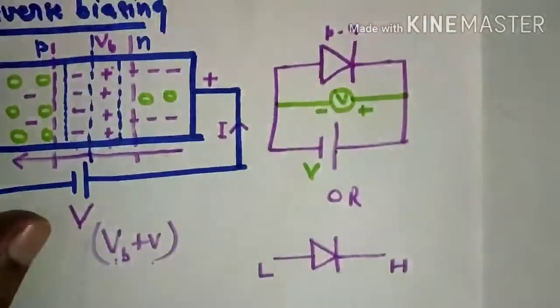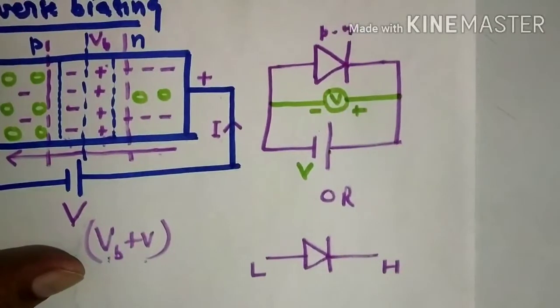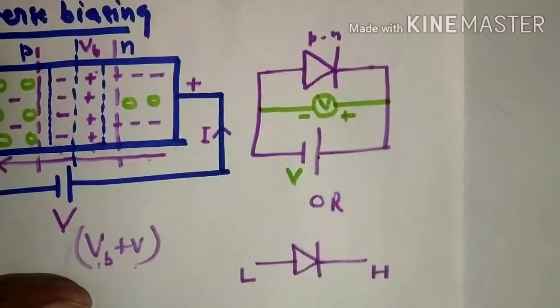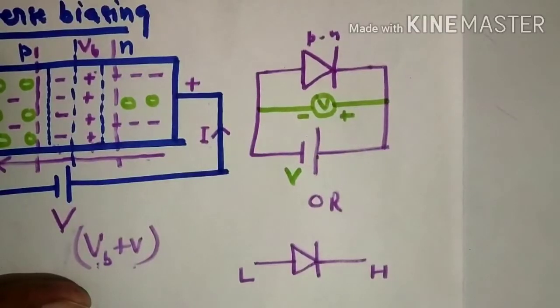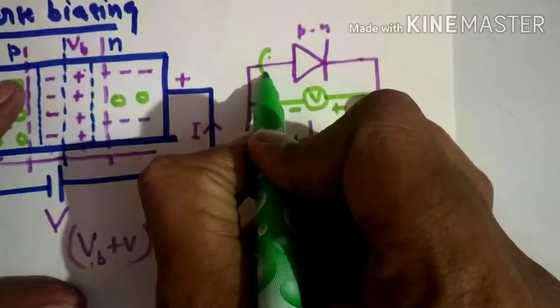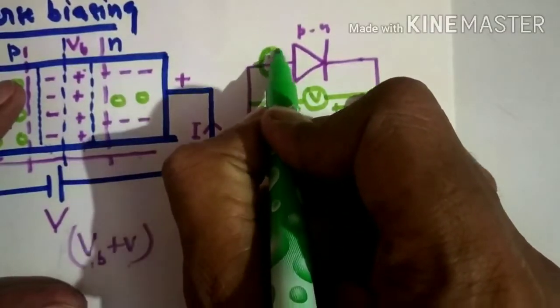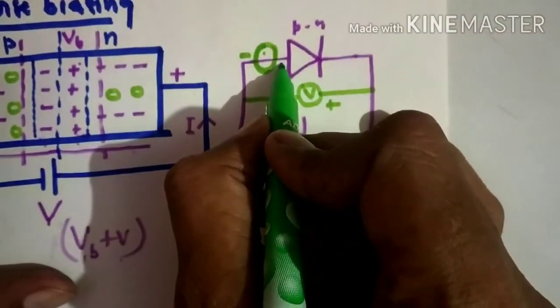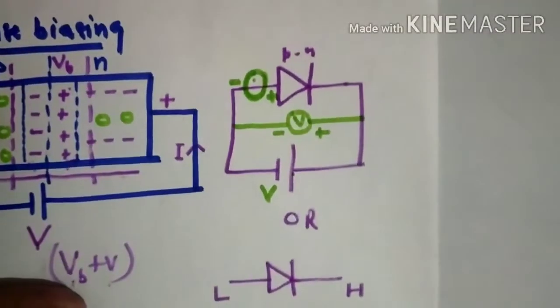And for any change in the current, to measure that current we need to connect the ammeter. Ammeters are connected in series. So here in the series, maybe here or maybe here, anywhere I will connect one ammeter in series. This will be the negative terminal of the ammeter and this is the positive terminal of the ammeter.